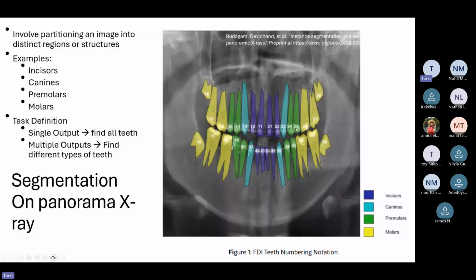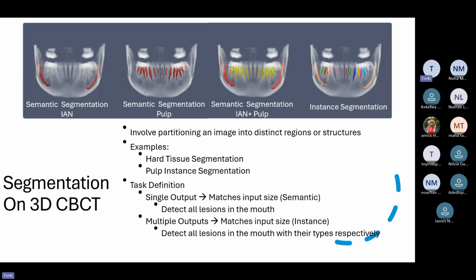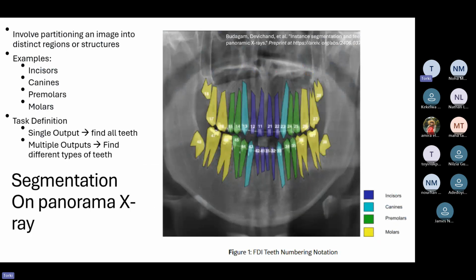Maybe you would like to find every tooth and give them one label. So all of them may have the same color coding, and in this case it will revert to semantic segmentation with one class. So I think these examples can give you the feeling of what segmentation is doing for the panorama X-ray or for the CBCT. It can do different things depending on the problem definition that you would like to solve.